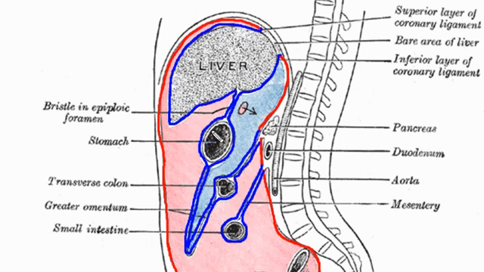The peritoneal cavity lies outside the visceral peritoneum, between the visceral peritoneum and the parietal peritoneum. So the intraperitoneal organs are just wrapped entirely in visceral peritoneum and suspended into this peritoneal cavity.